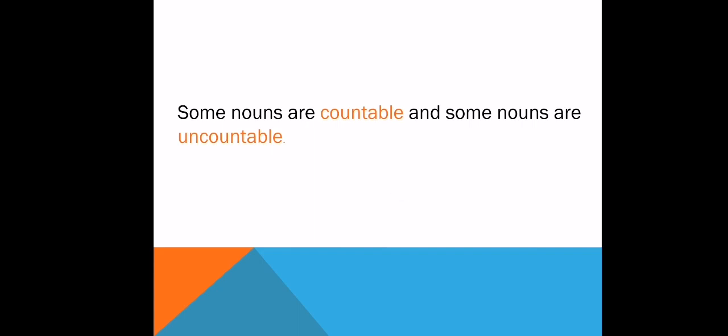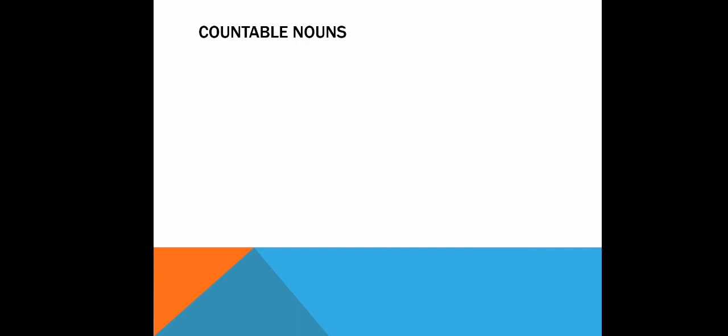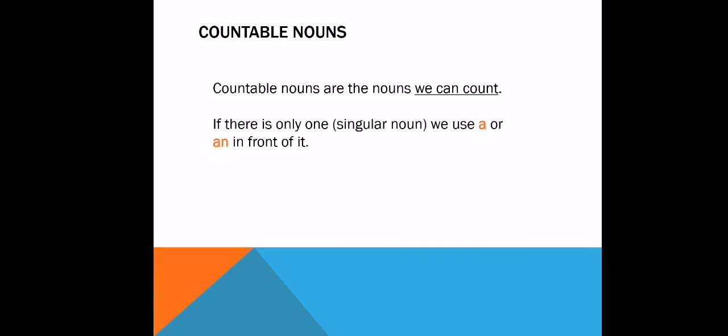Next, we look into countable nouns. Countable nouns are the nouns we can count. For example, can we count an apple? Of course, we can count an apple.